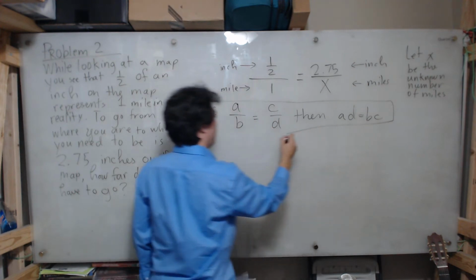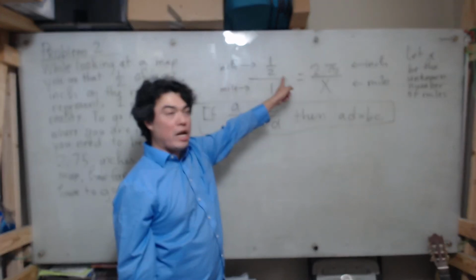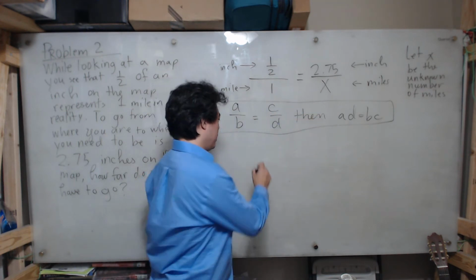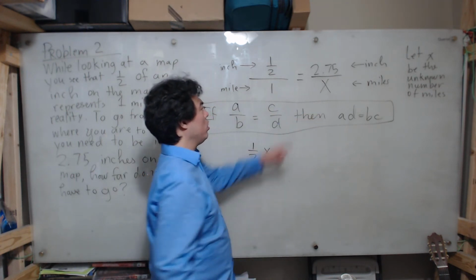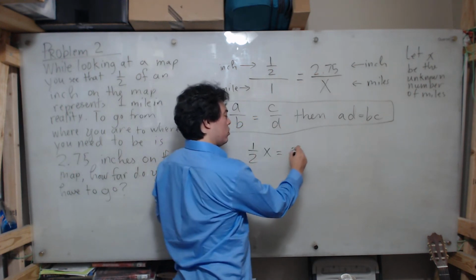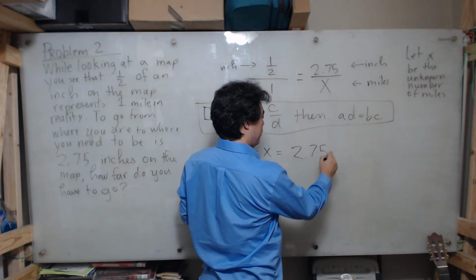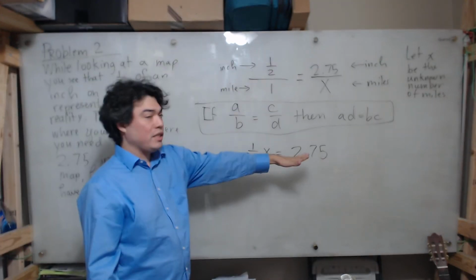For proportion problems, this is our standard solution technique. So here, 1/2 times x, in other words, 1/2 x is going to equal 2.75 times 1. Anything times 1 is itself. So this is our equation.